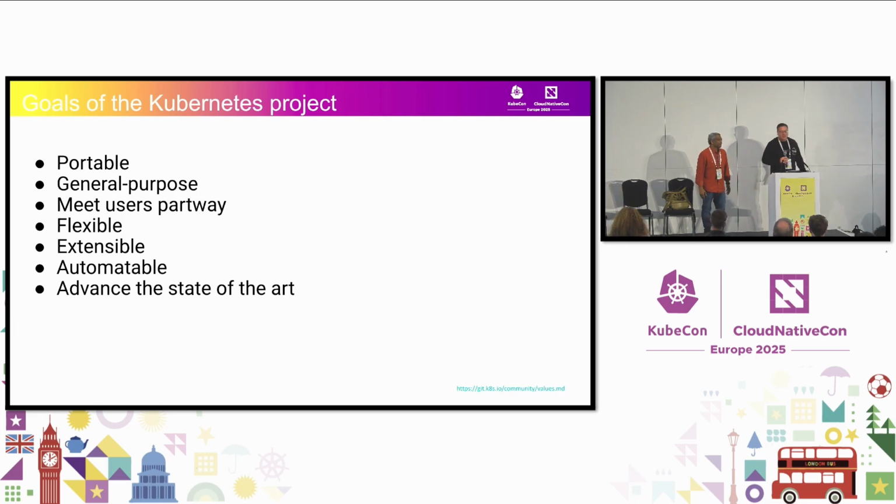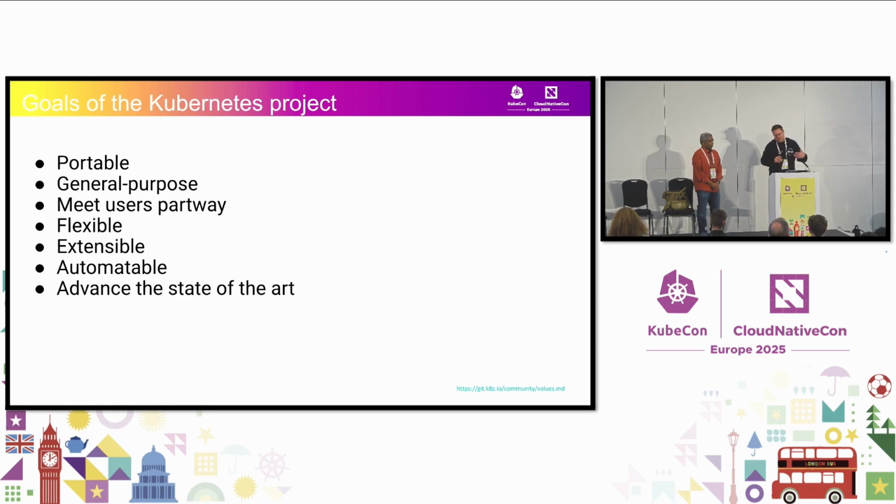Dims and I have been working here in SIG Architecture together for probably 6 or 7 years. Essentially, the Kubernetes project as a whole has a certain set of goals and principles, and it's one of the roles of SIG Architecture to help facilitate those.